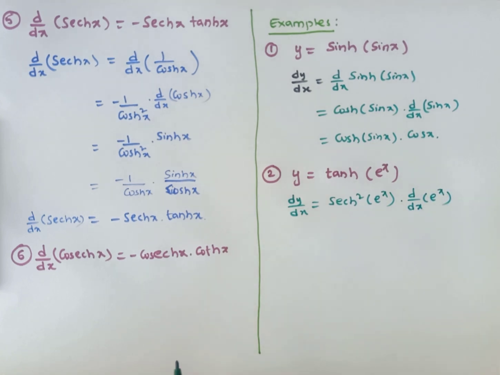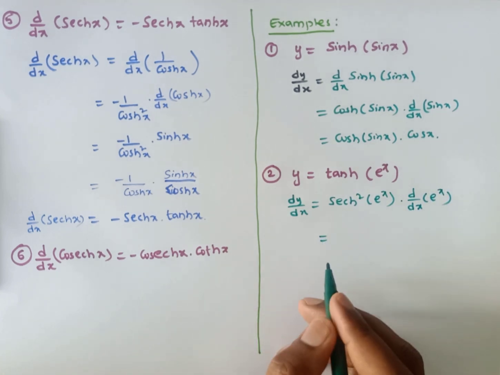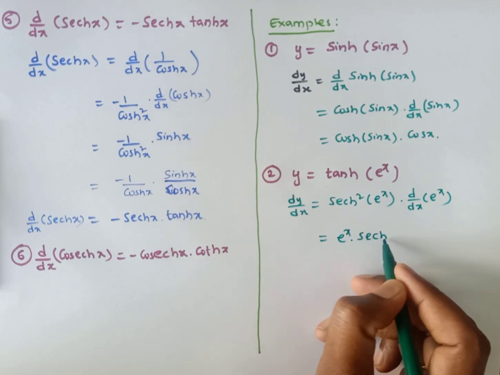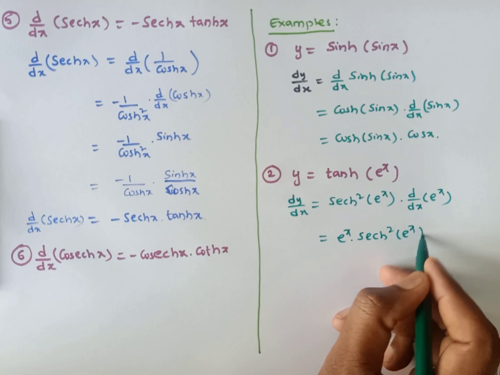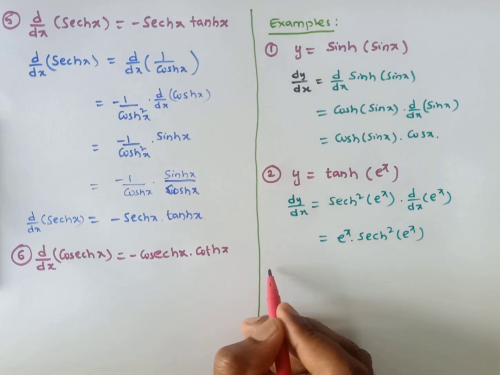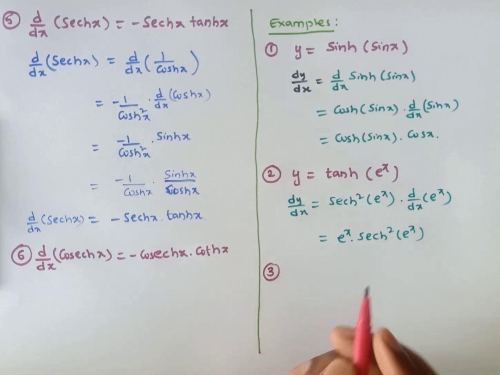The derivative of e power x is e power x, so finally we can write it as e power x into sech² of e power x.